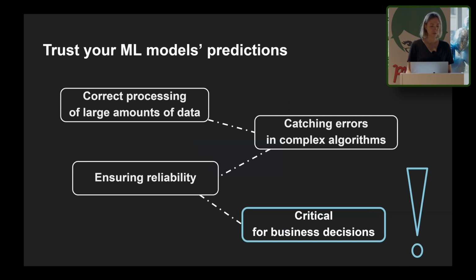Because data scientists work with large amounts of data and use complex algorithms, their code is even more prone to mistakes than usual Python code. And in order to be sure that our predictions are reliable and accurate, it's even more essential to unit test our code. Because those predictions are often used for important business decisions, it's very critical to make sure that our code is reliable and accurate.